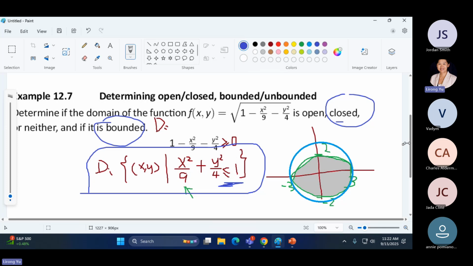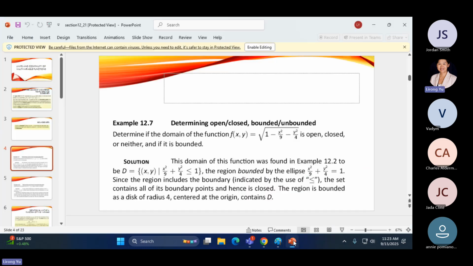Any question? That should answer the entire question about the domain, whether it's a closed set, open set or neither, and whether it's bounded. So the answer is bounded and closed. That's the first example.